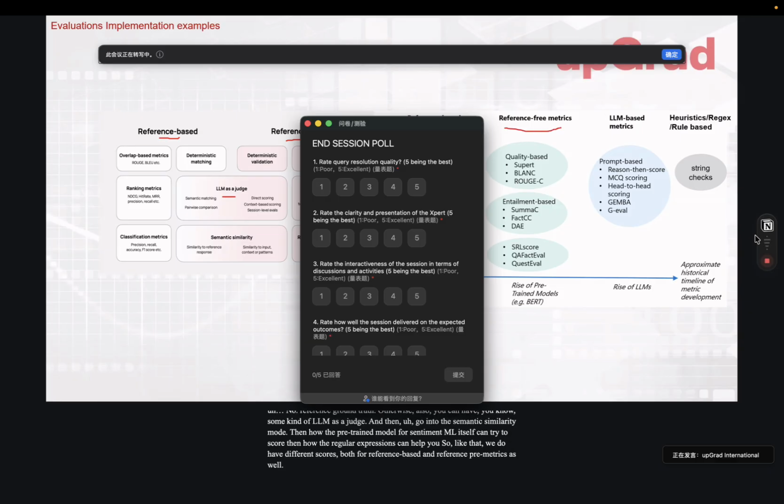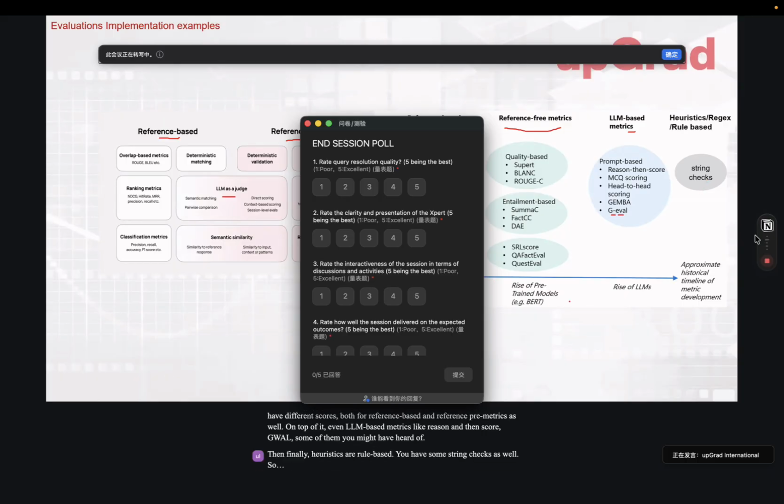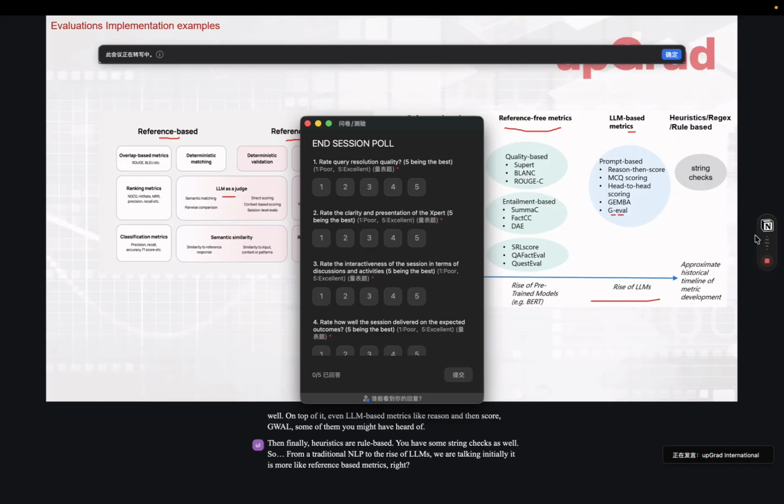On top of it, even LLM-based metrics like reason and then score, G-Eval, some of them you might have heard of. Then finally, heuristics are rule-based. You have some string checks as well. From traditional NLP to the rise of LLMs, initially it is more like reference-based metrics, right? Some of them you may have heard of: BLEU, bilingual evaluation understudy, ROUGE score, KL divergence, JS divergence.